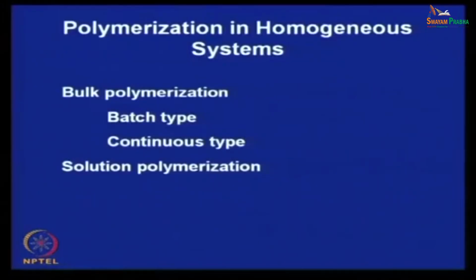That is why people go for a tubular reactor. There are various designs of reactor. Say people use a tubular reactor, a narrow tube in the form of a spiral, as a polymerization reactor. From one end of the tube monomers are introduced, and from the other end polymers are collected.